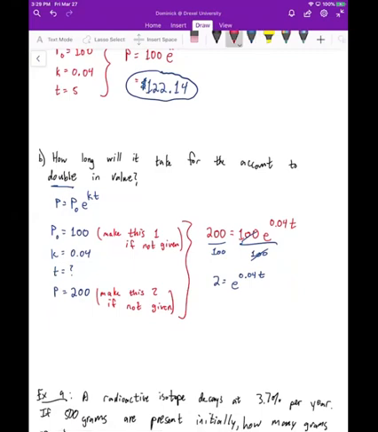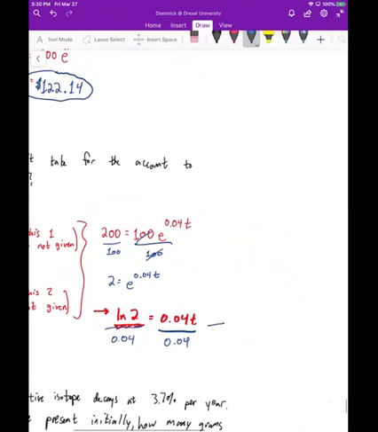So finally, I can convert this to logarithmic form, and I will get that the natural log of 2, I won't do this yet, is equal to 0.04t. So now to get t, we just need to divide by 0.04. So we get that t is equal to ln of 2 over 0.04.